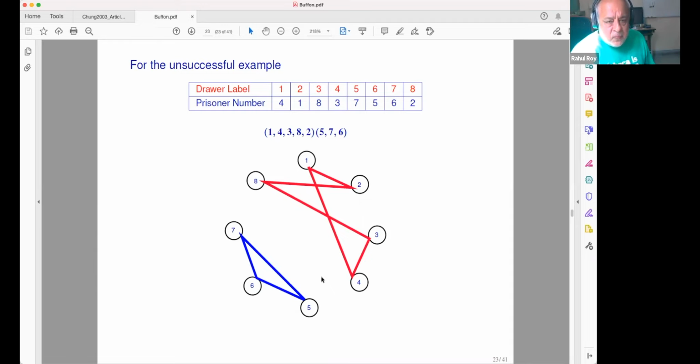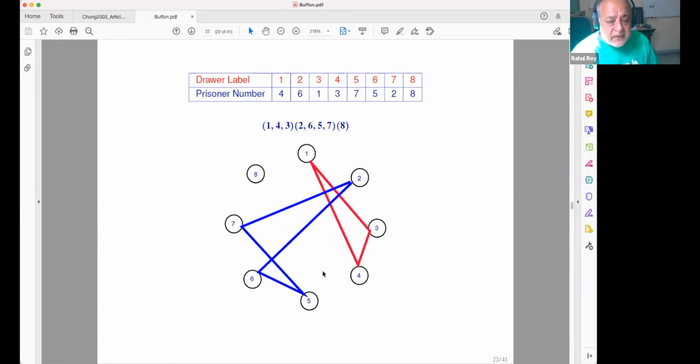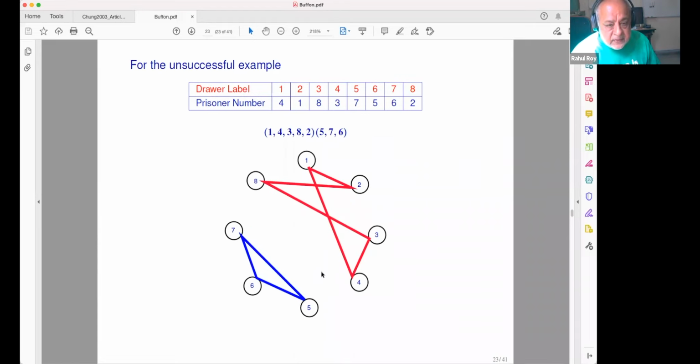Now, there is one big difference between the unsuccessful example and the successful example. The difference is that the unsuccessful example had a cycle of length 5.